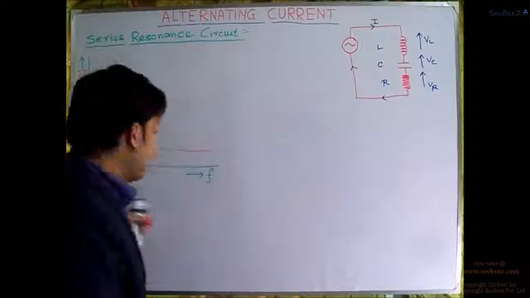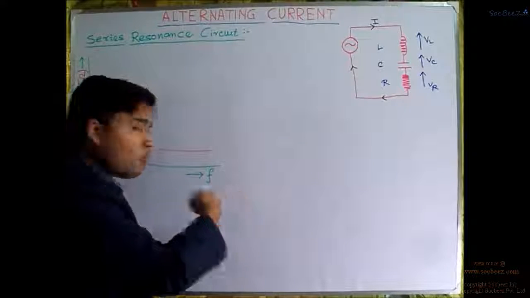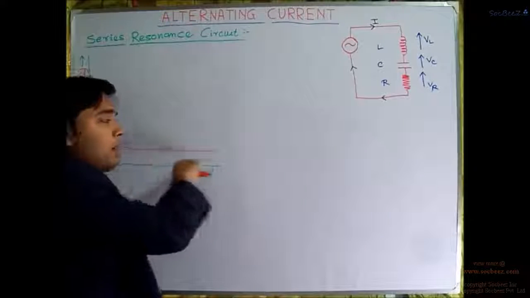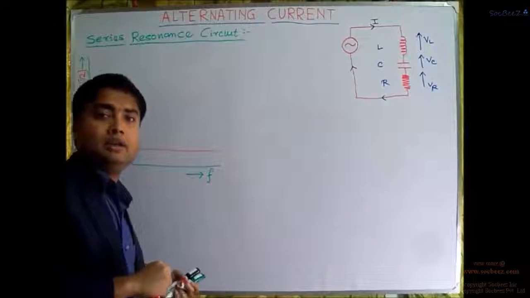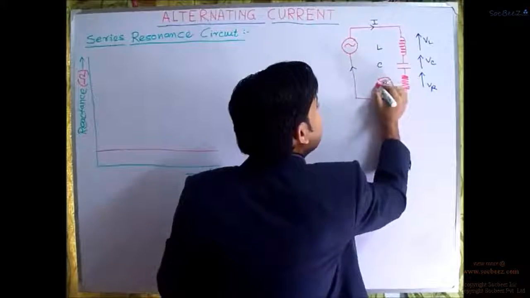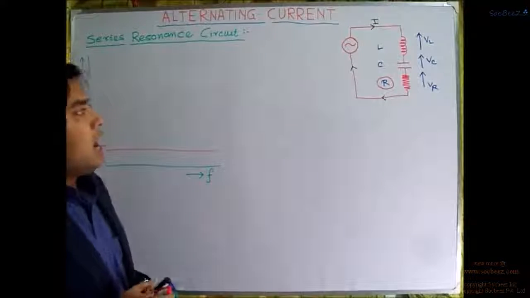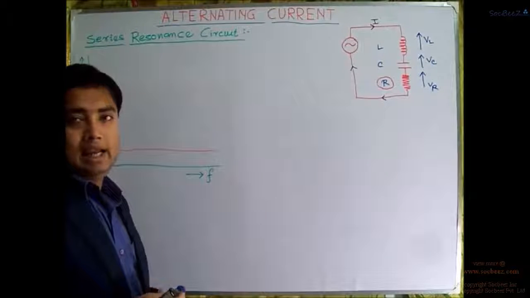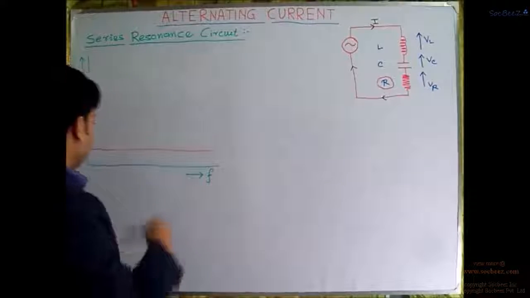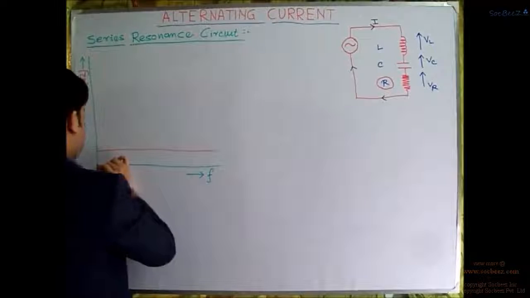That is the reason why in this graph of R versus f, whatever the value of frequency f, R will remain constant. So we are denoting R by the red line. Now, for XL, we have seen in the previous lecture that XL was a straight line like this. So let us make it likewise.